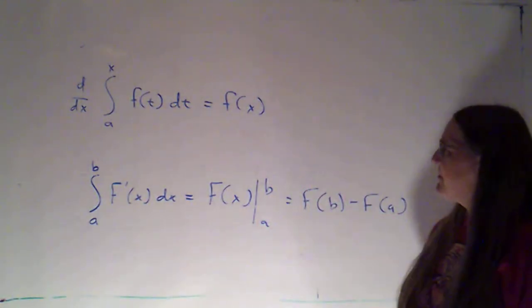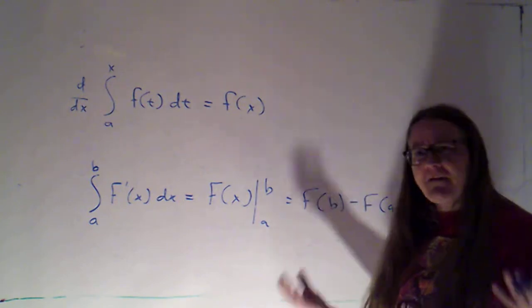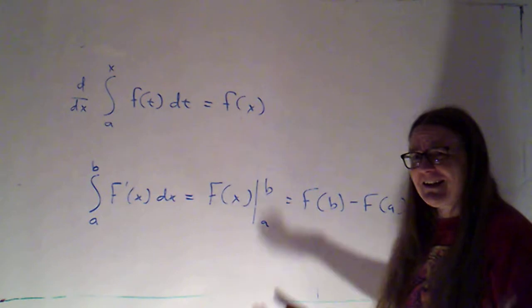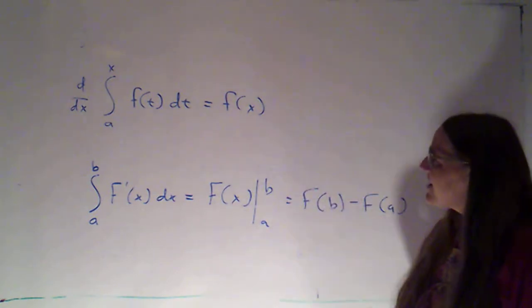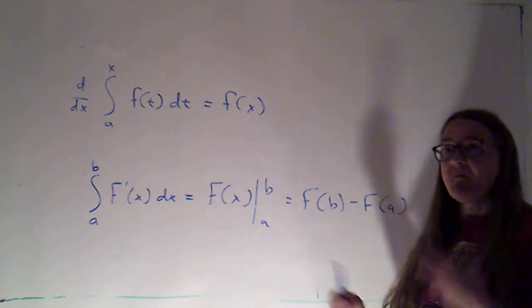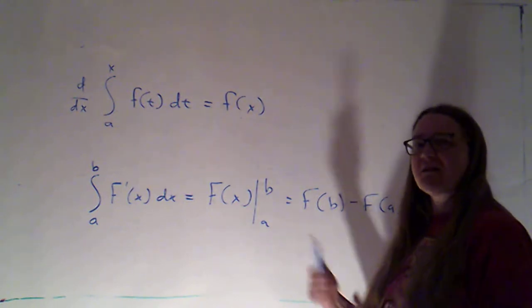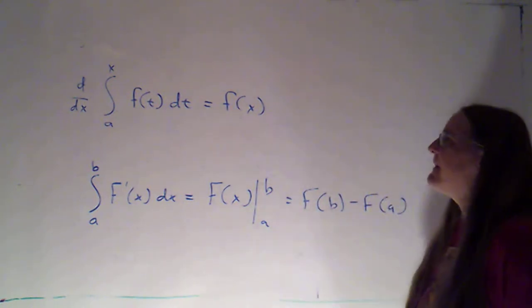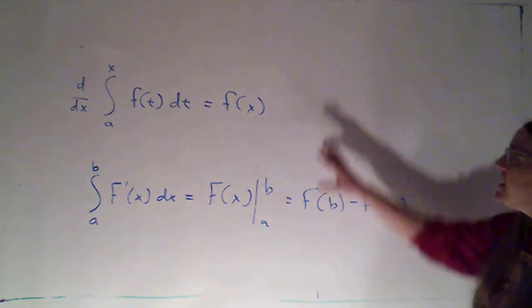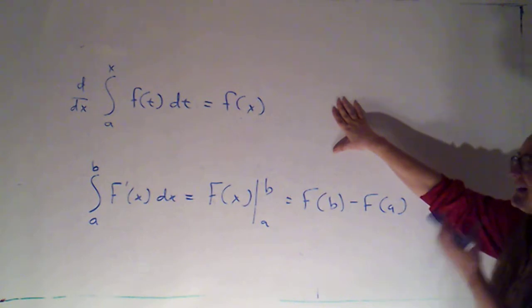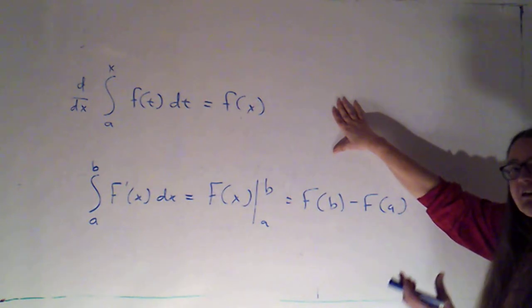And this basically says those two seemingly very different things that we were doing, calculating slopes of lines and calculating areas, are actually inverse processes because they are all dealing with change. One is dealing with the rate of change, one is dealing with the amount of change. They're very, very related.